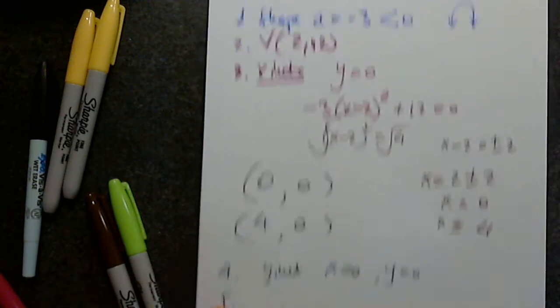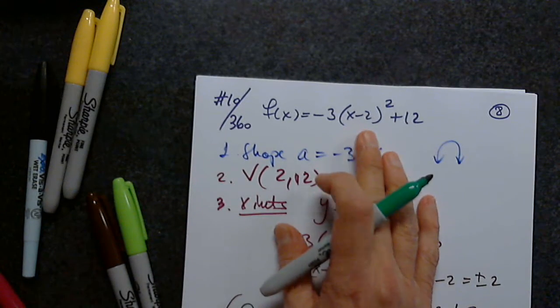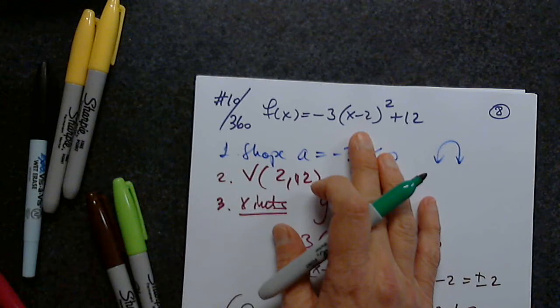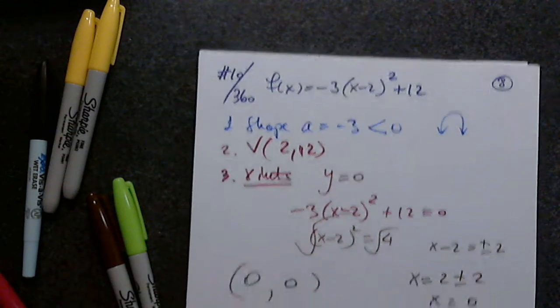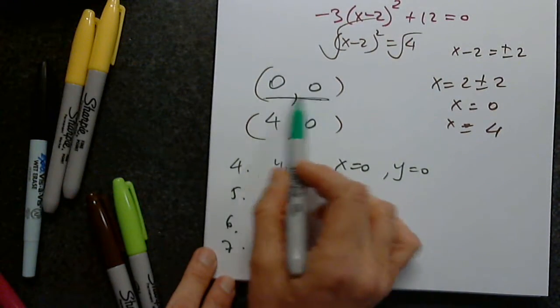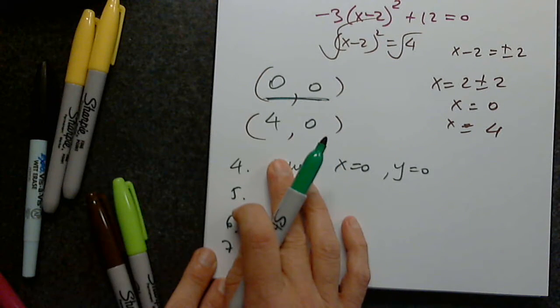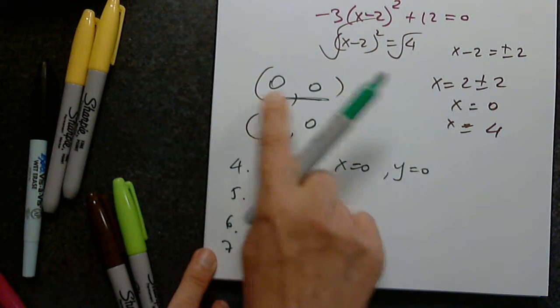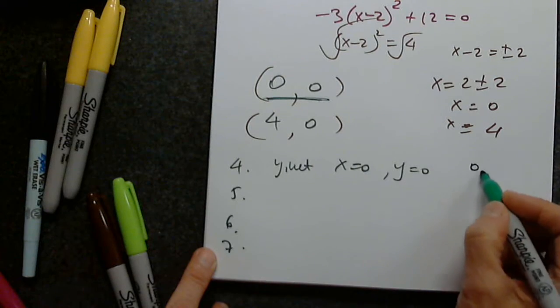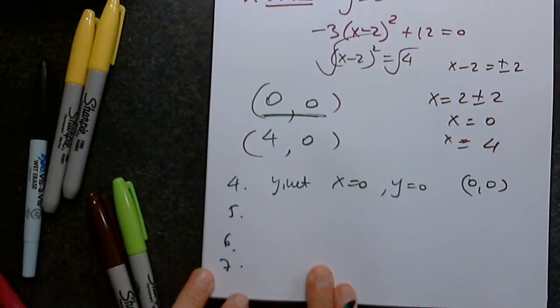Here the y-intercept is more difficult because I have to be careful when I plug in x equals 0. However, since I got this value, when x is 0, y is 0. So I got the ordered pair (0, 0).